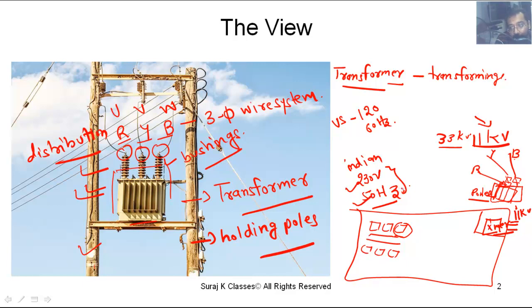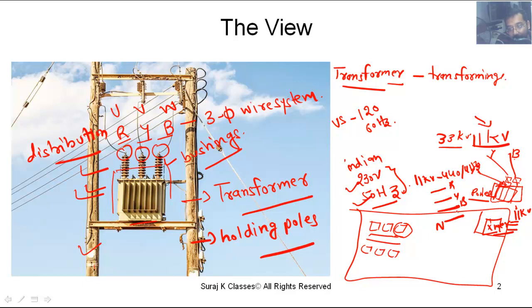Whenever this 11 kV is applied to this transformer, it transforms the 11 kV to 440 volt or 415 volt. These 415 volts are in three phases, R, Y and B. There is one more wire that we connect here, that is the neutral.